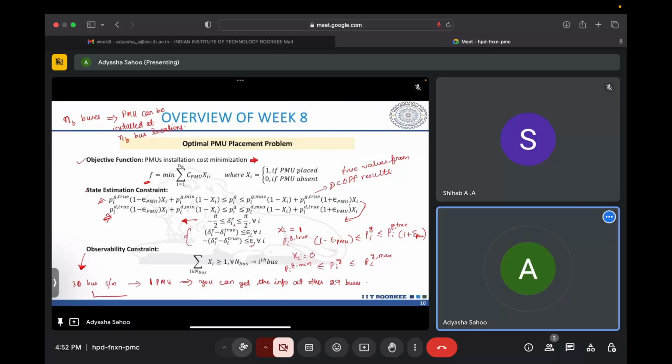So you need to decide the minimum number of PMUs to be installed such that the complete network is observable.